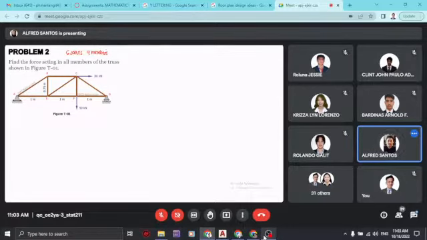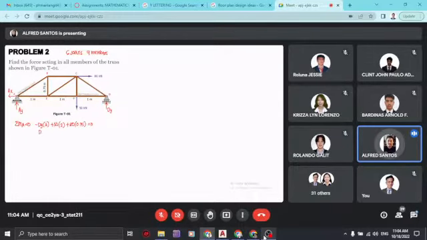Okay, so solve muna natin yung reaction. You have a roller at D, so ibig sabihin, Dy lang tayo dyan. And you have here your Ay and your Ax kasi hinge yung support natin at point A. Solving for the reaction, I use summation moment at A is equal to 0. To solve for Dy, which is negative Dy times 3, yun yung moment niya about point A, plus 50 times 2, and plus 80 times 0.75 is equal to 0.